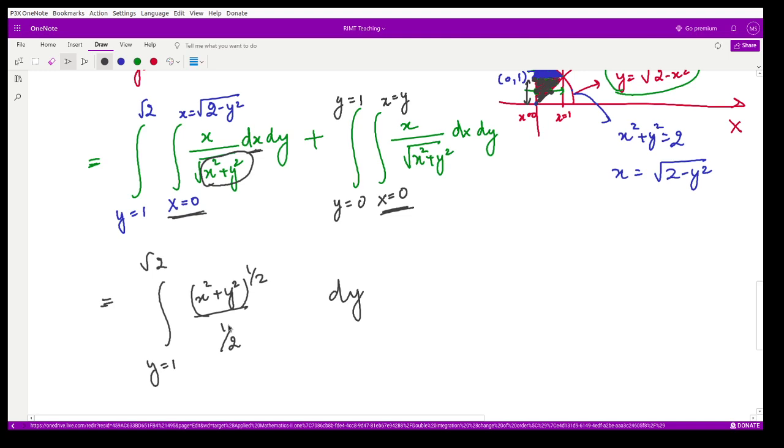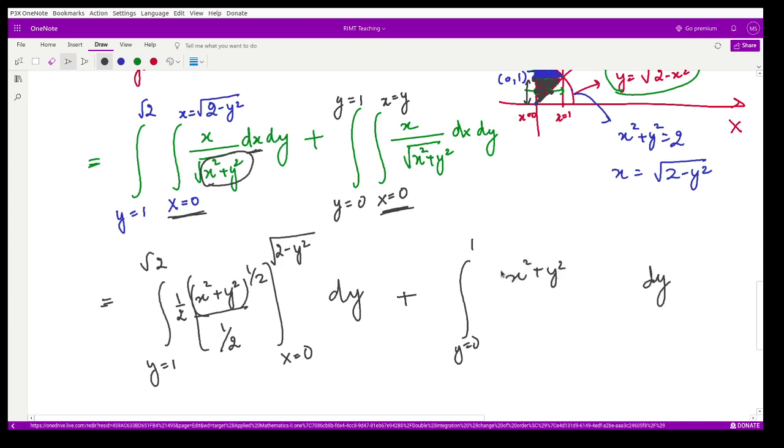And we have 1 by 2 here also, and the value of x varies from 0 to square root of 2 minus y square. And the second limit, y would be from 0 to 1 dy, and its integration would also be the same. It would be x square plus y square raised to power 1 by 2 divided by 1 by 2 into 1 by 2.